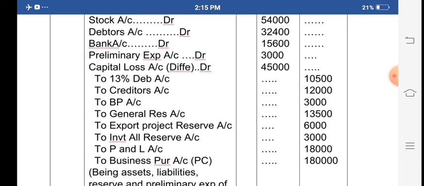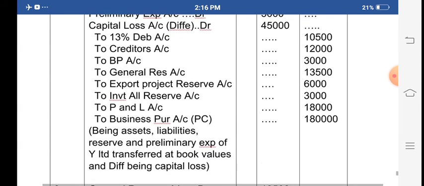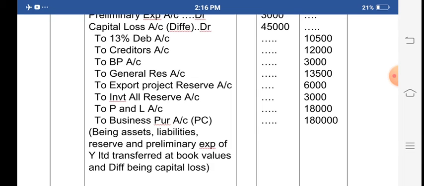Like this you have to pass the journal entries according to your format. The narration: being assets, liabilities, reserves and preliminary expenses of Y Limited transferred at book values and the difference being capital loss.